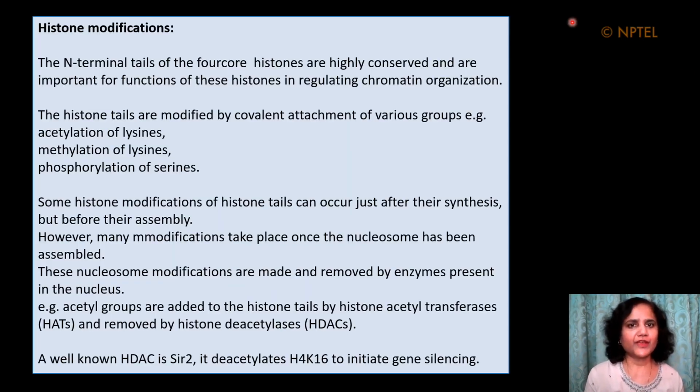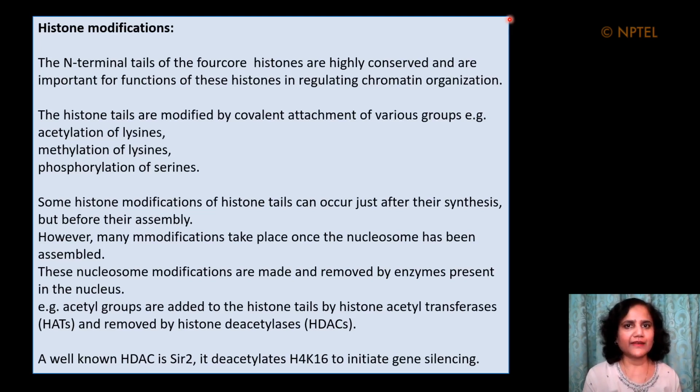Variations in histones can also arise from histone modifications. As I already mentioned, the amino terminal tails of the 4 core histones are not only highly conserved for each of them, they're also important for the functions of these histones in regulating chromatin organization. These tails are modified by covalent attachment of various groups to the residues present in these regions.